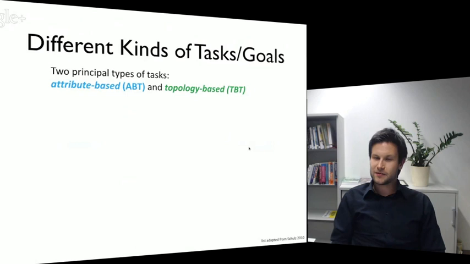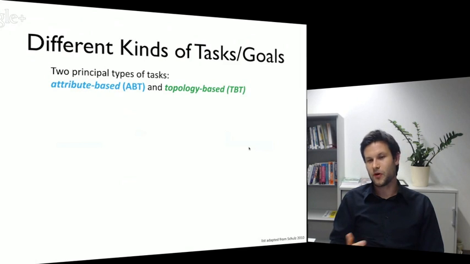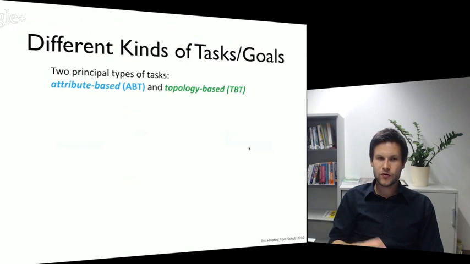So the main tasks, what people want to do with graphs, you can generalize into two different types. The first one is called attribute-based tasks, and the second class is called topology-based tasks. With an attribute-based task, it's about the attributes of nodes or edges. An attribute of a node or an edge would be, if you have a social network and one node is a person, then an attribute of this person would be the age.